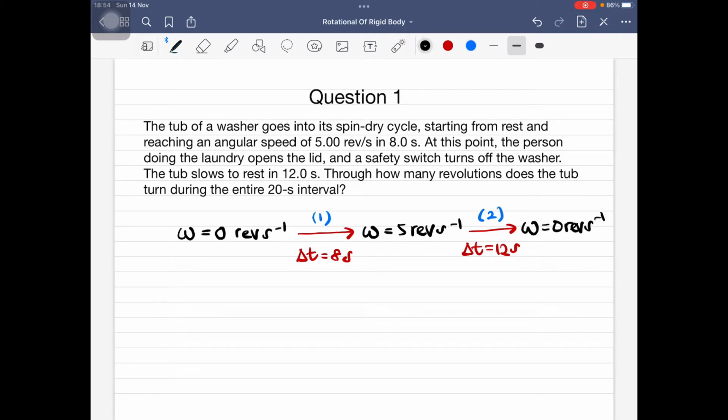Okay, so first kali saya akan start dengan first part, which is the change from 0 to 5 revolution per second, and the time is equal to 8 seconds. So equation kinematics mana yang kita akan guna untuk soalan yang pertama?